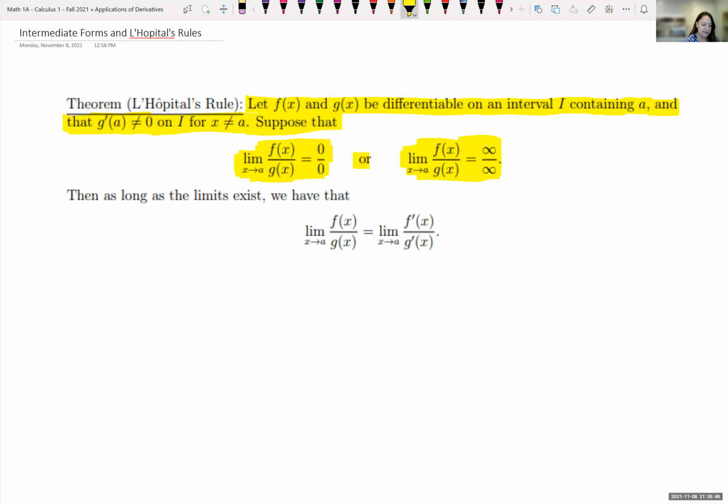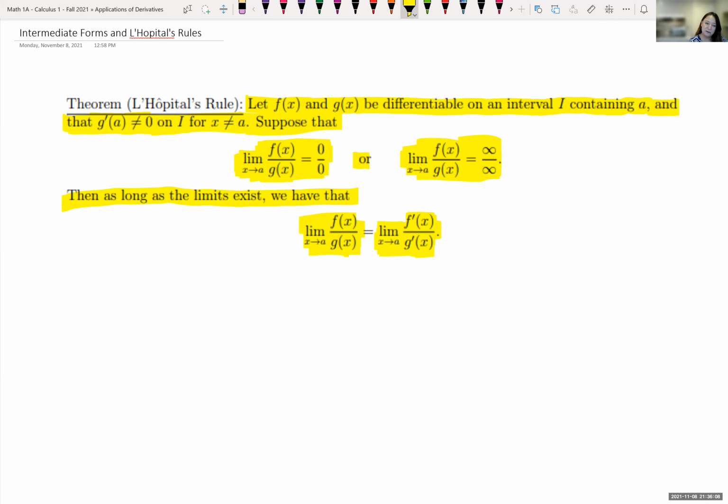If that's the case, and as long as our limit exists, we can take the derivative of our numerator over the derivative of our denominator, and then evaluate that as x approaches a.